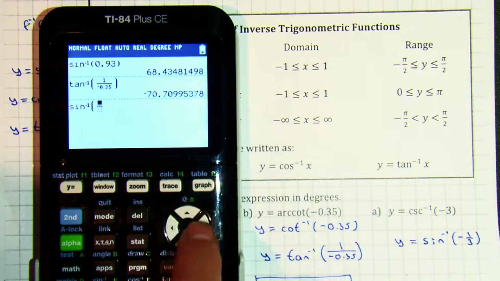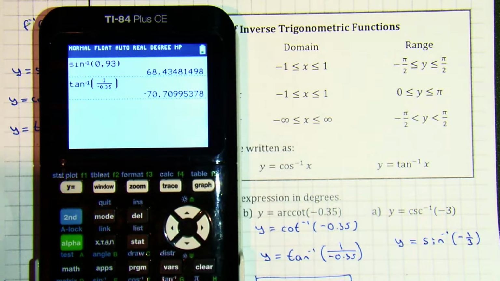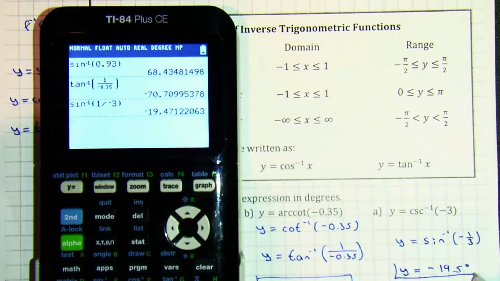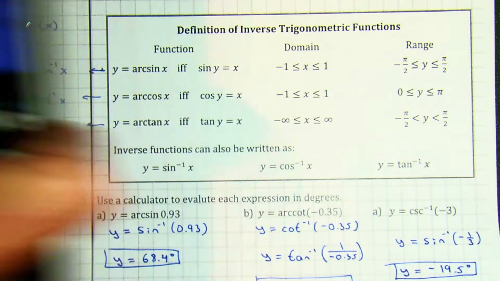If you don't have your fraction bar, you can just type in your inverse, and you just have to be careful with your 1 divided by negative 3. Therefore, y is equal to negative 19.5 degrees. And that will take us to example number 2.